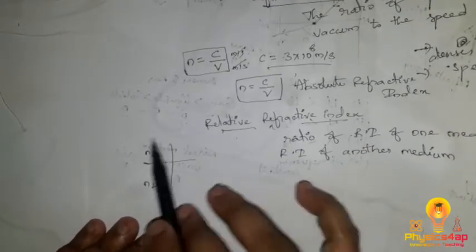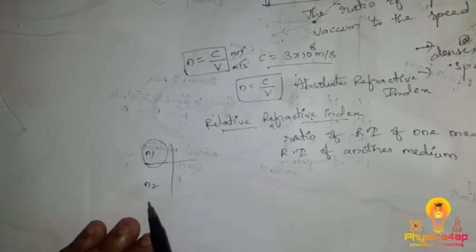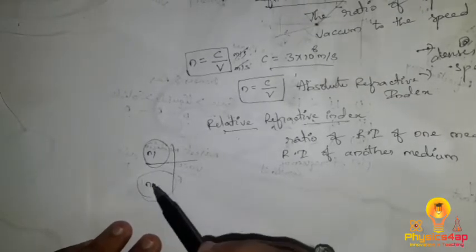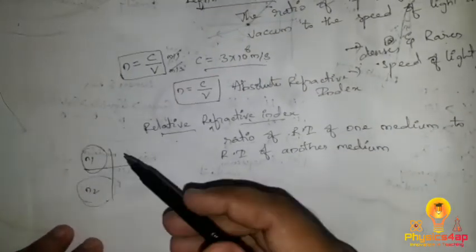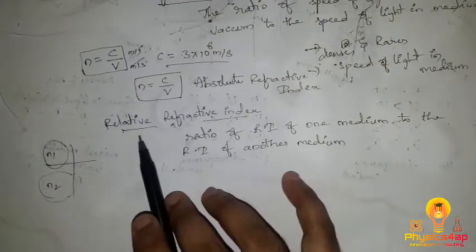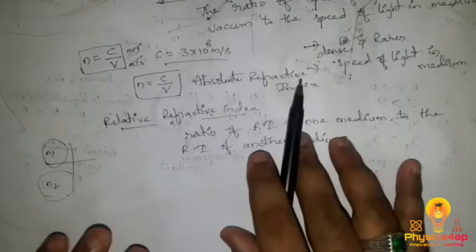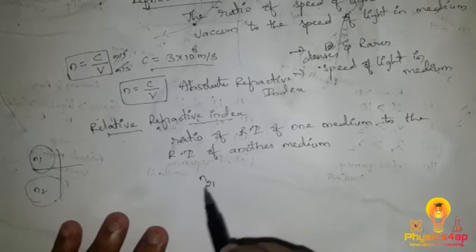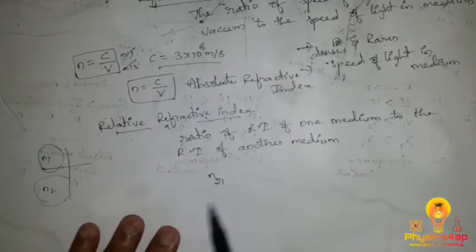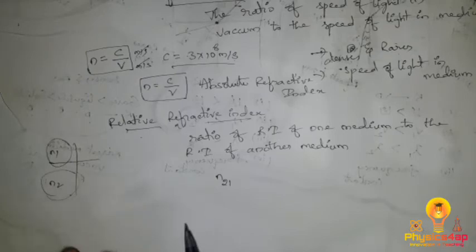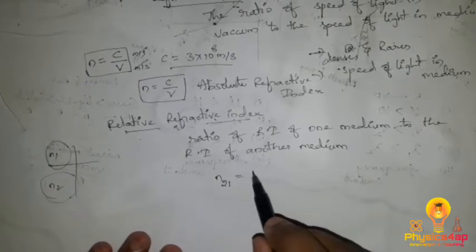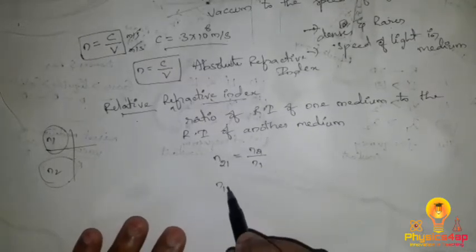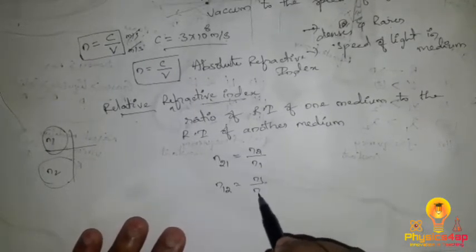So we have the refractive index of the first medium, which is called n1, and the refractive index of the second medium, which is called n2, and the ratio of these two, that is the comparison, is what we call the relative refractive index. The relative refractive index is written as n21, which can be written as n2 by n1, or otherwise n12, that is n1 by n2.